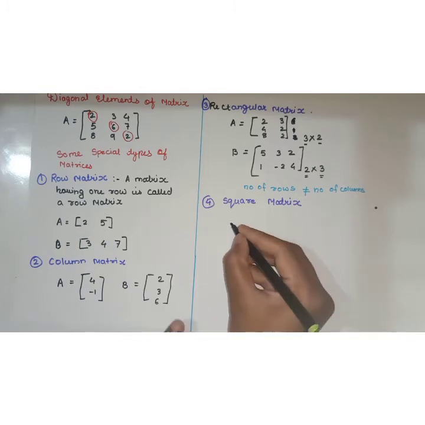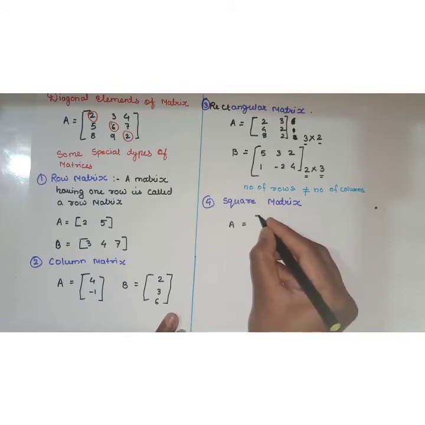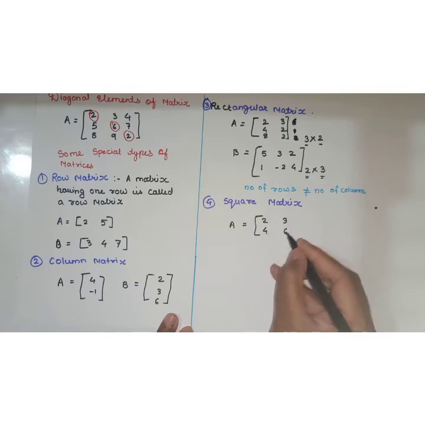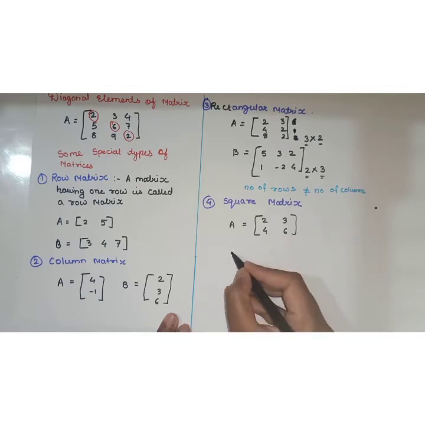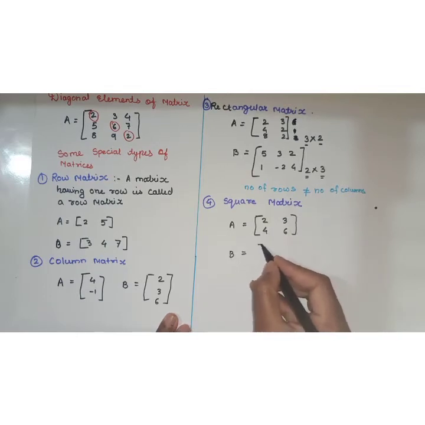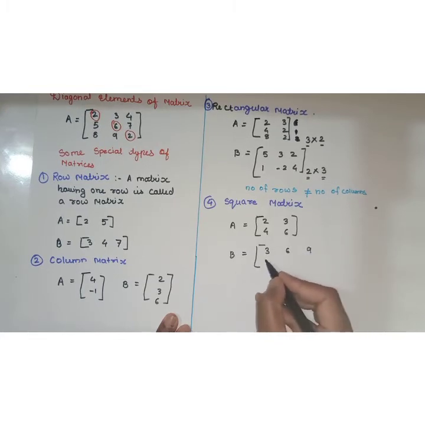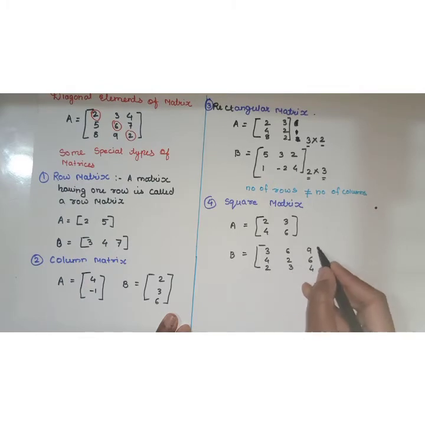Now let's see here. A equals 2, 3, 4, 6. B equals 3, 6, 9, 4, 2, 6, 2, 3, 4.